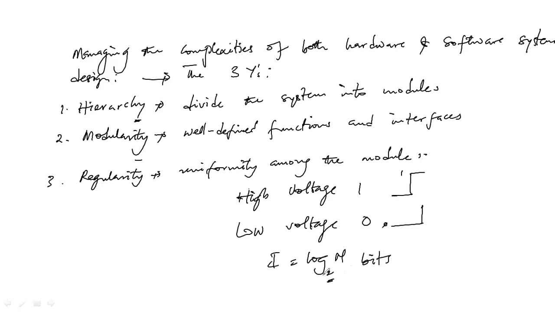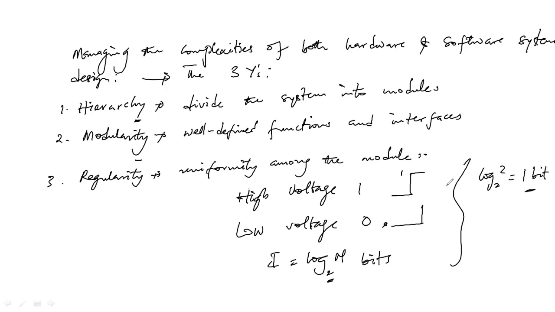And much on this has been covered in the information theory series, and you may want to look up these videos. Now, a binary variable actually conveys log base 2 of 2, which is equal to 1 bit of information.